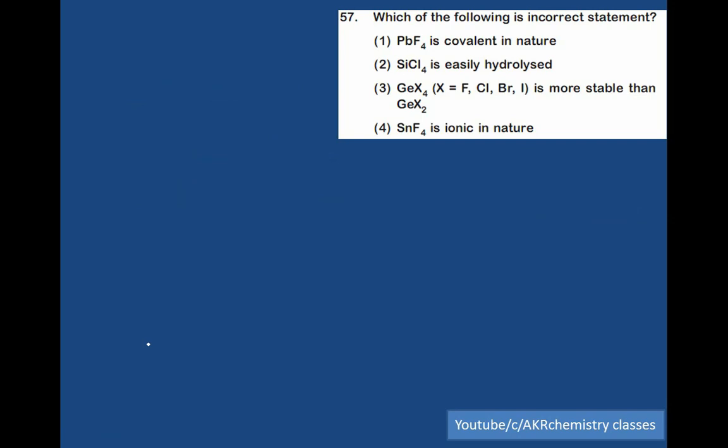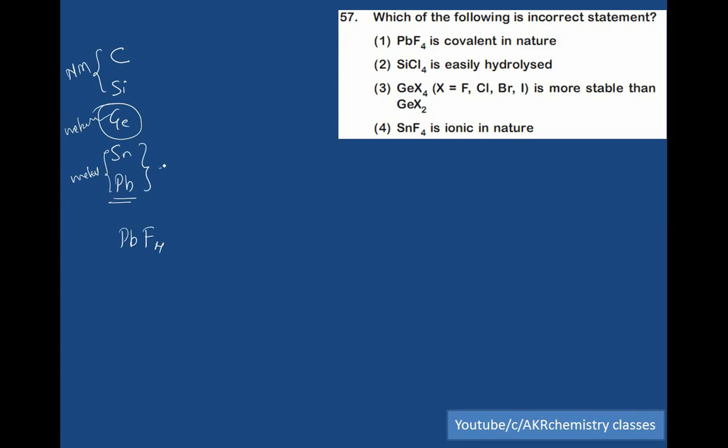Which of the following is the incorrect statement? Carbon family: carbon, silicon, germanium, tin and lead. The first two are non-metals, germanium is a metalloid, and these two are metals. The first one: PbF4 is covalent in nature.